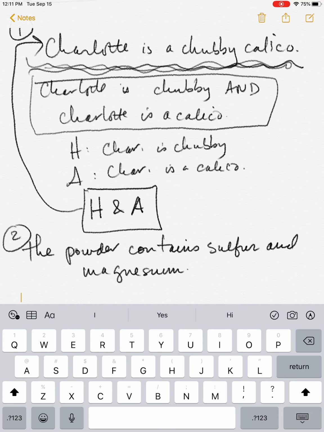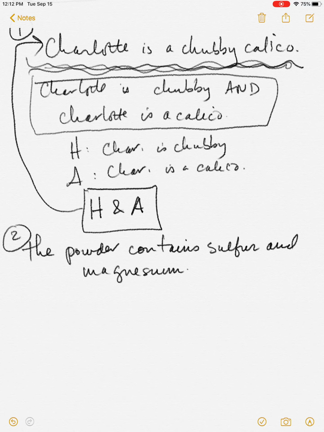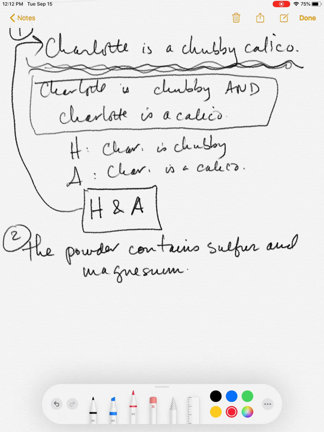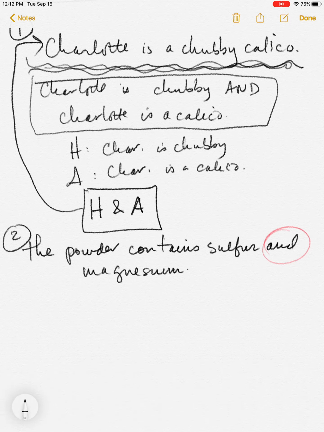And we do have an and there, right? We do have an occurrence of and. But we have to do a little bit of paraphrasing before we can get to our full translation into SL, because this and is not occurring between two sentences.